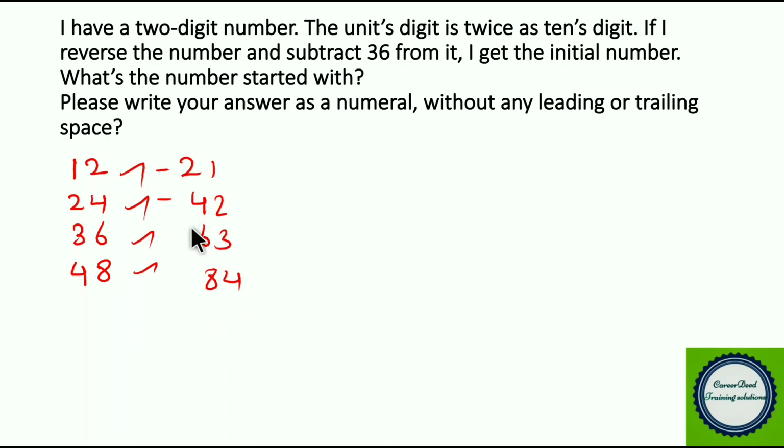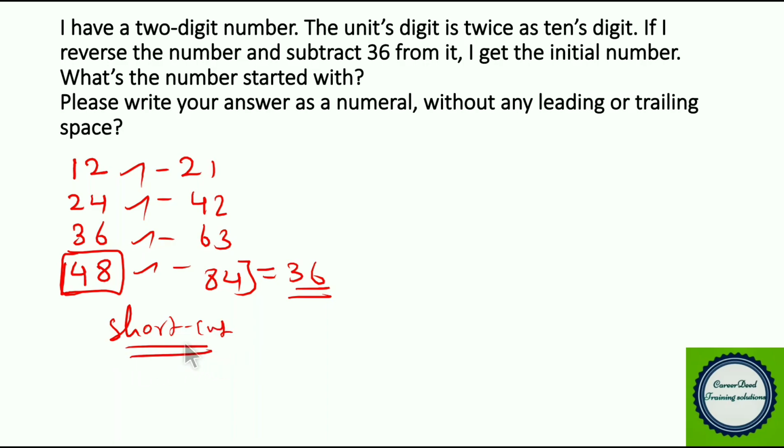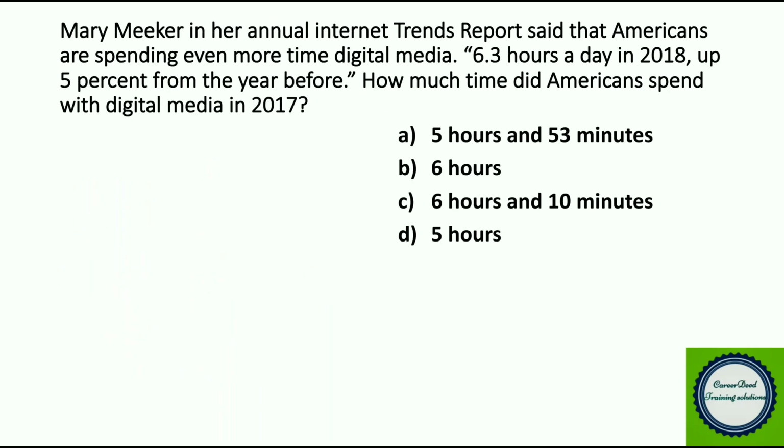Now try to look at the difference. In which difference are you getting 36? Only at the difference of 48 and 84 you get the 36. So the answer for this question is 48. So this is actually a shortcut to solve this kind of problems in lesser time, right? For your better understanding, I gave you that traditional method, but actually you can solve this kind of problems using our shortcut method. Hope you understood how to solve question number 10.